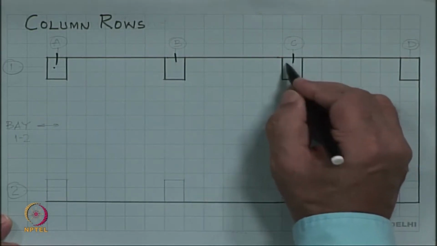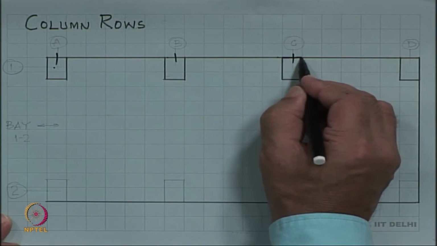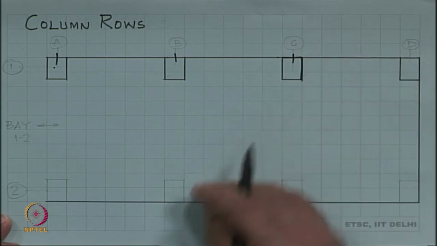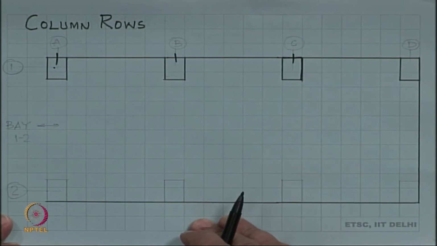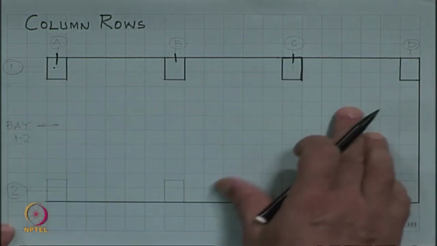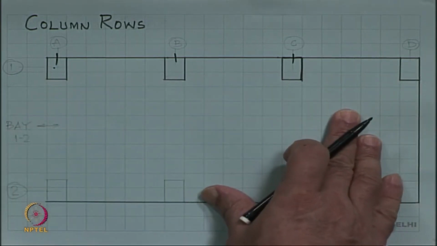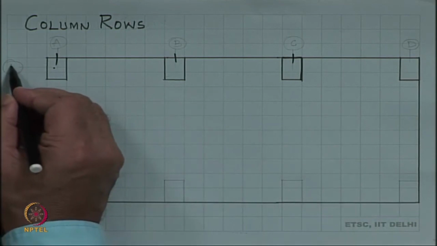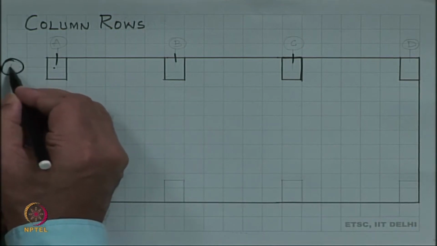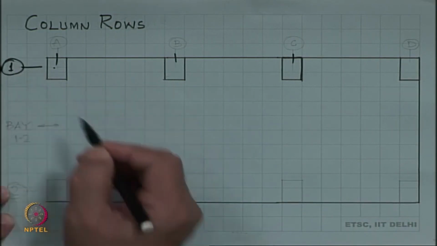And the column is specified by its dimensions, which is this dimension and this dimension. All these columns, and there could be hundreds of them one after the other, are classified as one row.